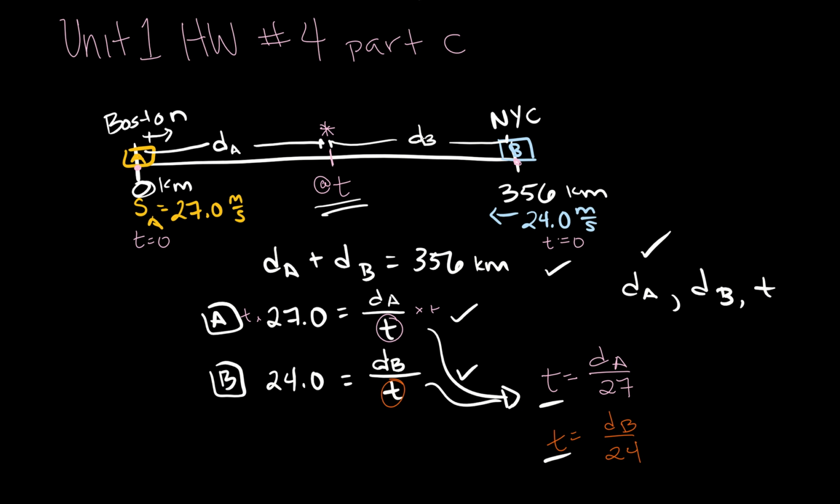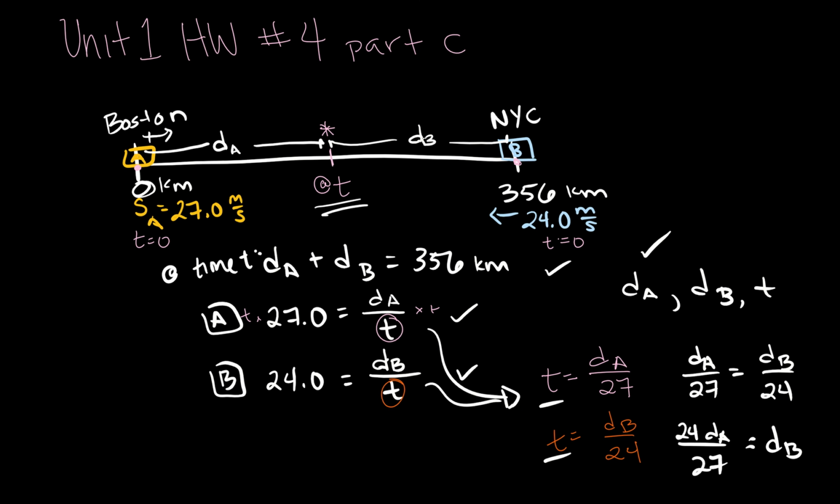So this occurs at time t, in the equation that we set up. I say dA divided by 27 equals dB divided by 24. Let's multiply both sides by 24, so we get dB equals 24 times dA divided by 27.